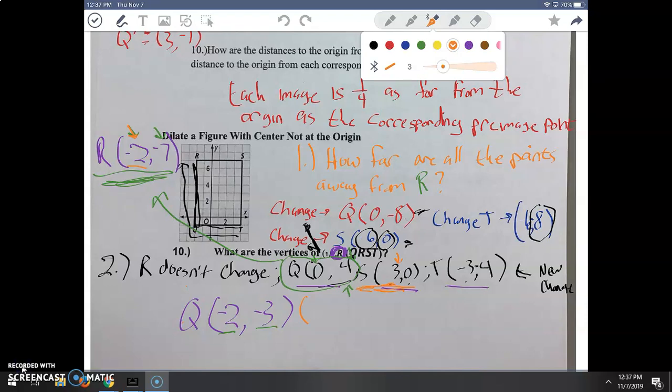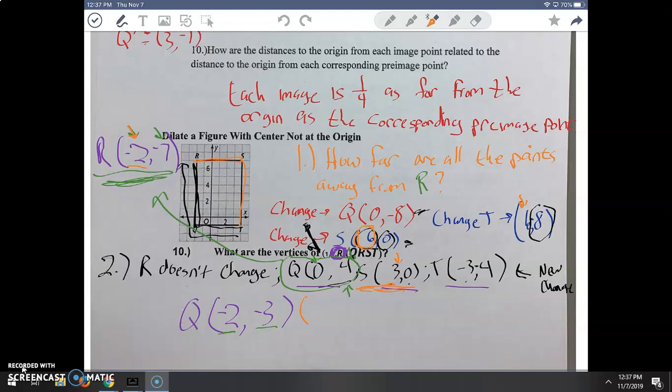So what I changed was the S, which said -3, or the S was a -6. Well, R goes to the right to S, so that's a +6 change. So it went to the right 6. And you notice too, I changed it here as well because from R to T, you have to go 6 to the right, 8 down. That's where that comes from.